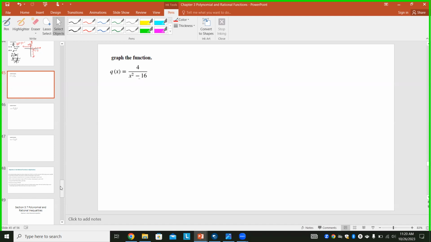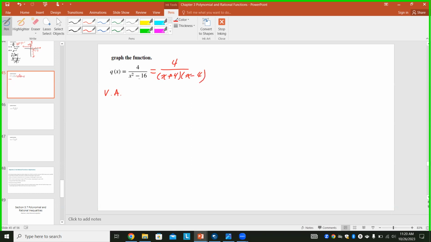All right. We got it written down. First, the easiest one to me is always vertical asymptotes, and I can't use this. So for vertical asymptotes, I want to factor the denominator, and you can split this up into x plus 4, x minus 4.